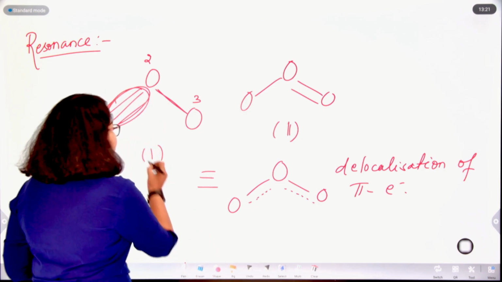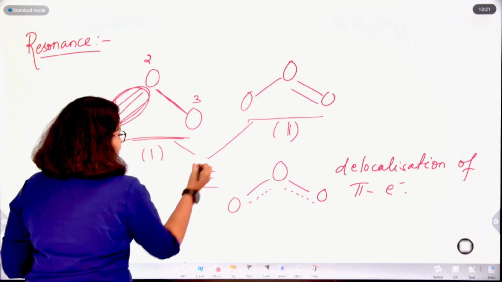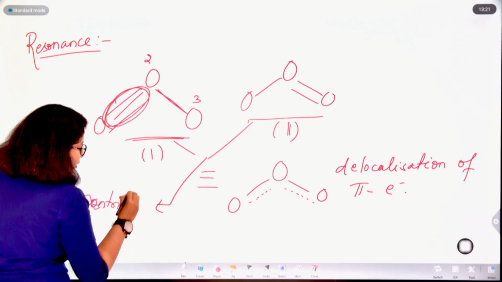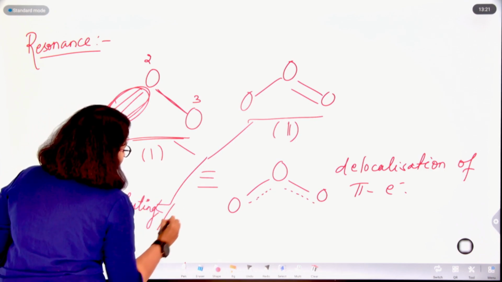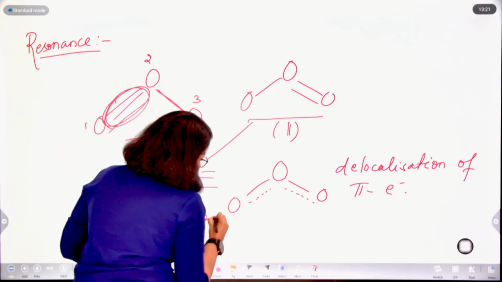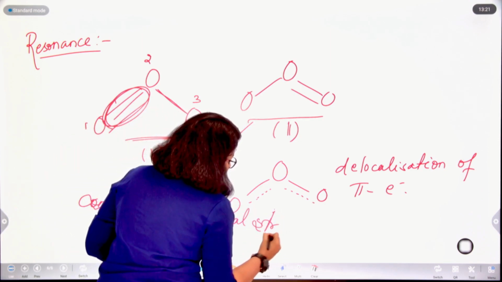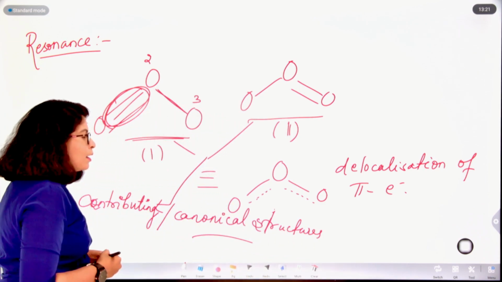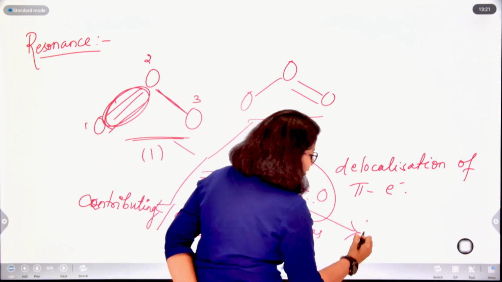And these structures are called the contributing or canonical structures, and the resulting or final structure is called the resonance hybrid.